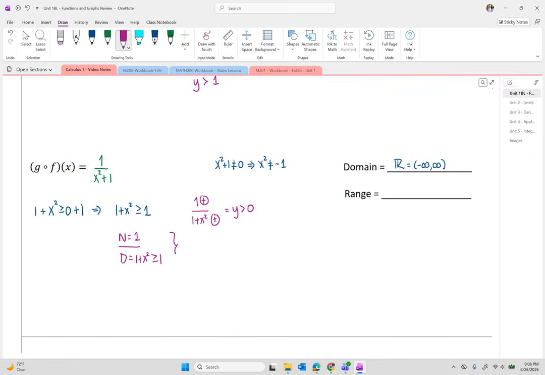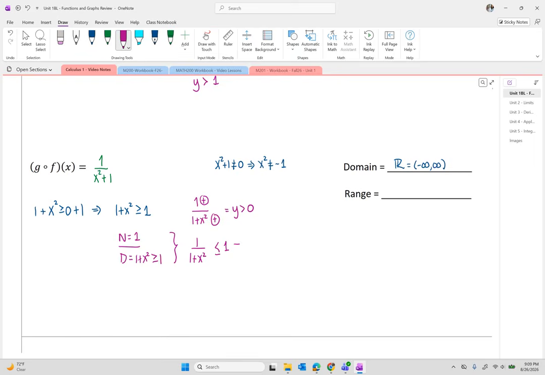So this fraction will always have a denominator that is greater than the numerator, except for the case that x is equal to 0, where the numerator and the denominator will equal each other. That makes this quantity 1 over 1 plus x squared always less than 1, or equal to 1 when x is equal to 0.